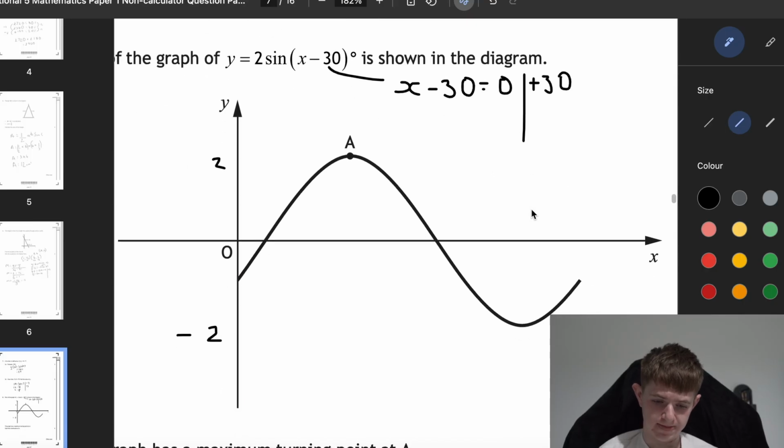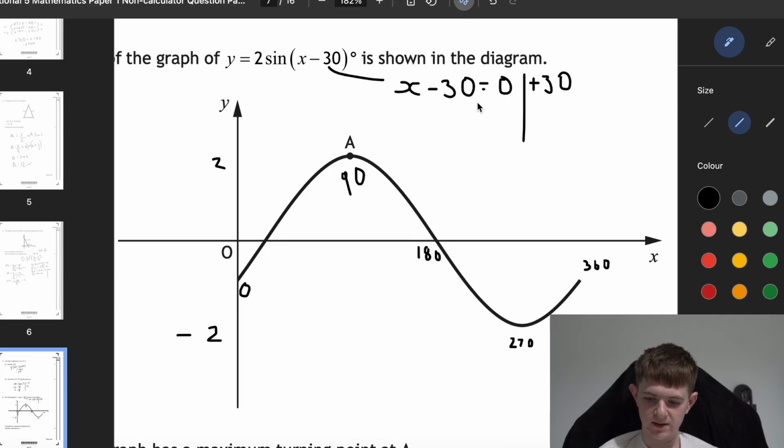So normally, the graph would look like 0, 90, 180 in there, 270, and then 360, somewhere in here, right? That's normally where the graph's going to be like. However, it's giving us an instruction that rather than going by the norm, we're adding 30 each time.